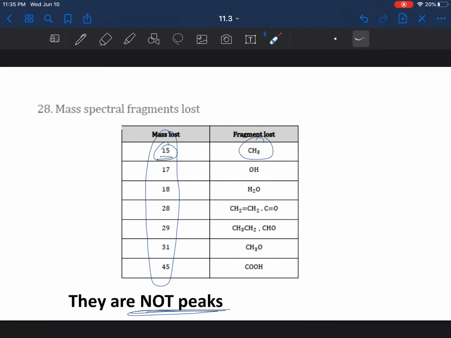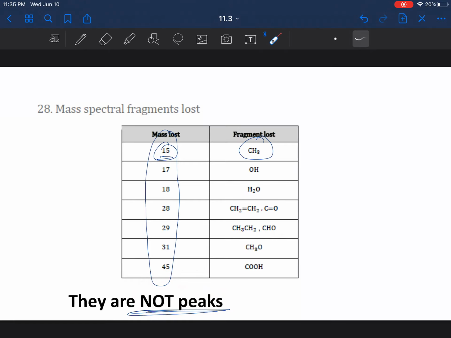If your chemical lost a fragment that is OH, it will lose 17 grams per mole. If it lost water, it will lose 18 grams per mole. If it takes away this carboxyl group, which is COOH, you will lose 45 grams per mole. So these are what it lost.